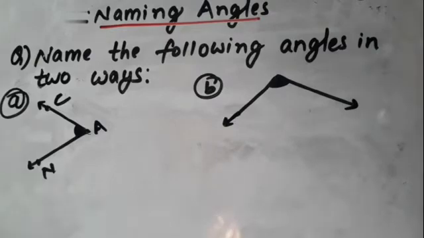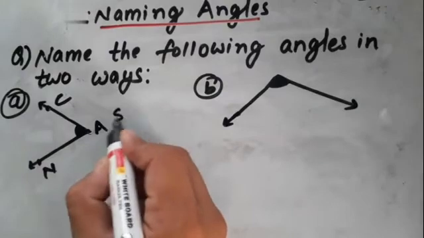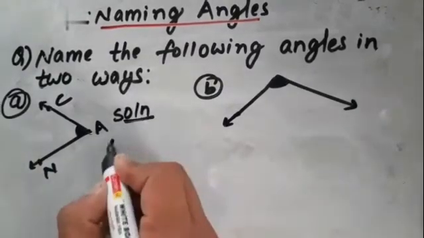Small letters are not allowed. And last, the vertex must lie in the middle. So let's begin the solution.